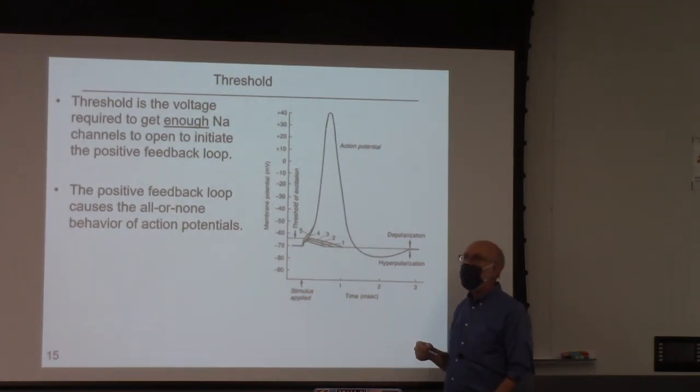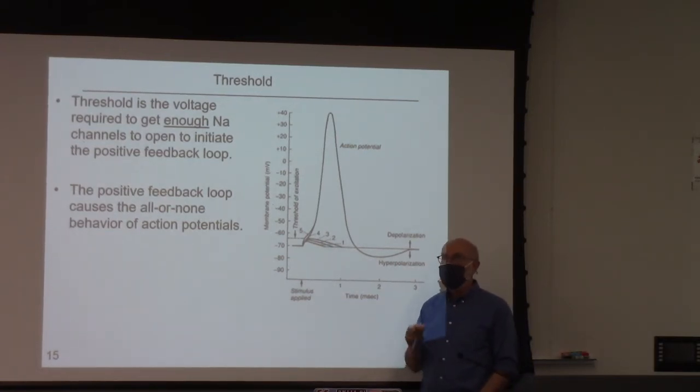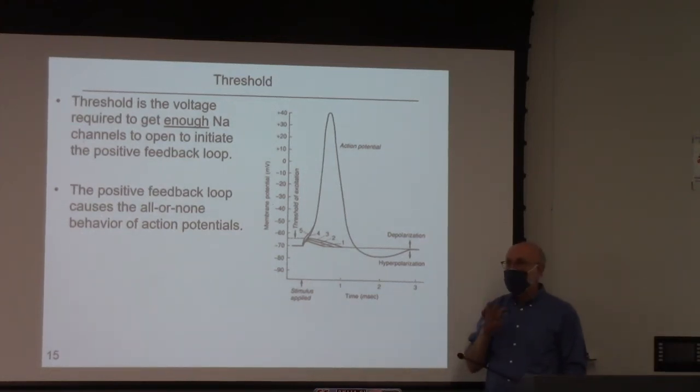You never open up some of them, unless there's a toxin in there. And I think I gave you a problem where there's the fugu toxin. That's a toxin. That's not physiology. That's having a drug.